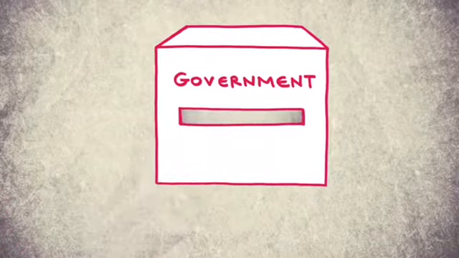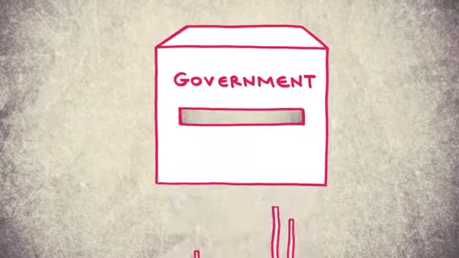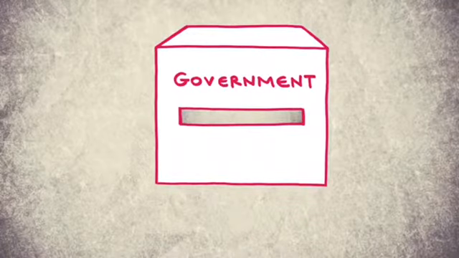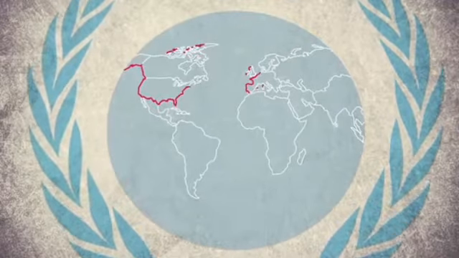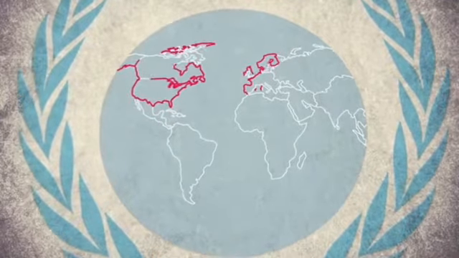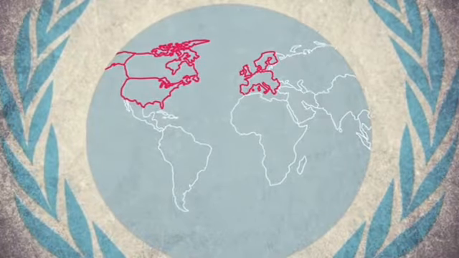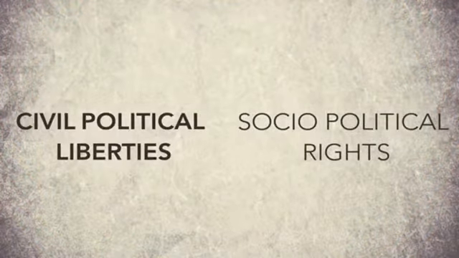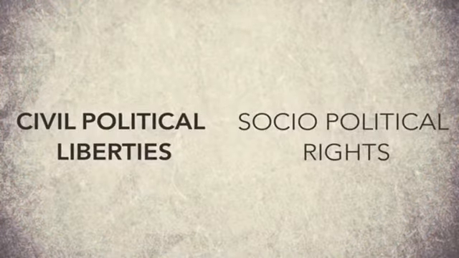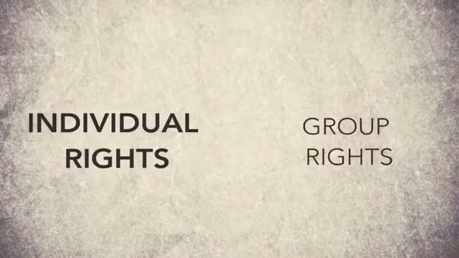That's why some critics say it's naive to consider human rights a given in a world where state interests wield so much power. Critics also question the universality of human rights and emphasize that their development has been heavily guided by a small number of mostly Western nations, to the detriment of inclusiveness. The result? A general bias in favor of civil and political liberties over socio-economic rights, and of individual over collective or groups' rights.